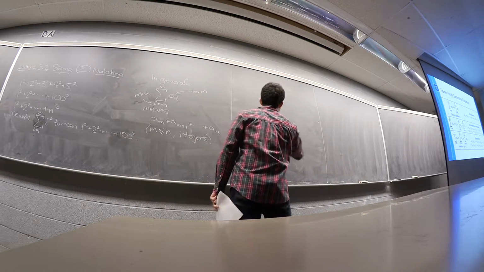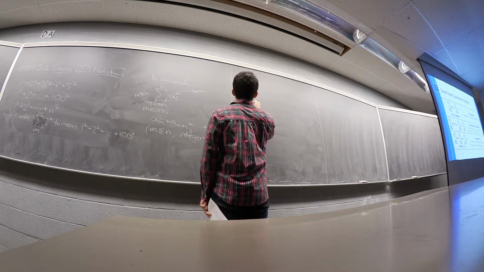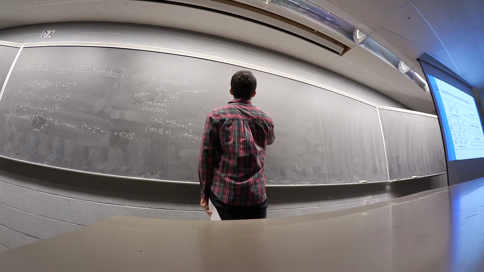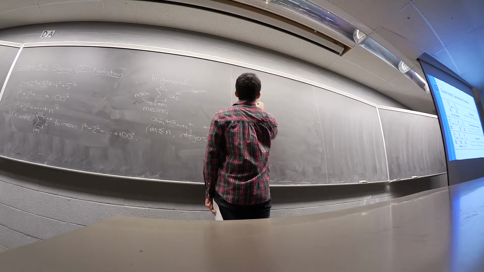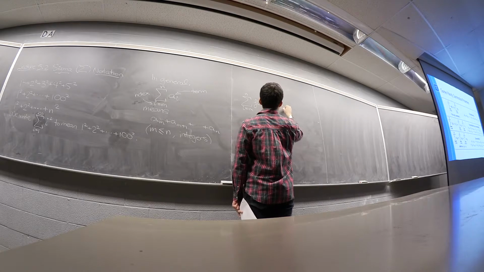We talked about how sequences are essentially functions. You could think of this in those terms as well: the sum for i equals m up to n of f at i.